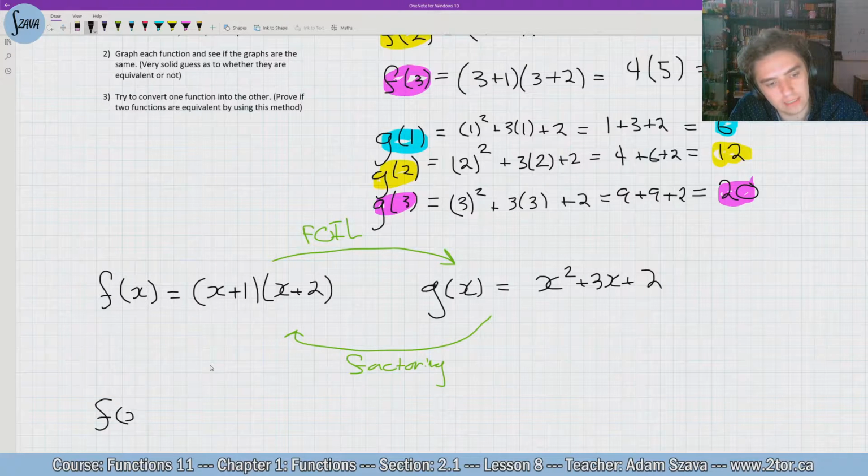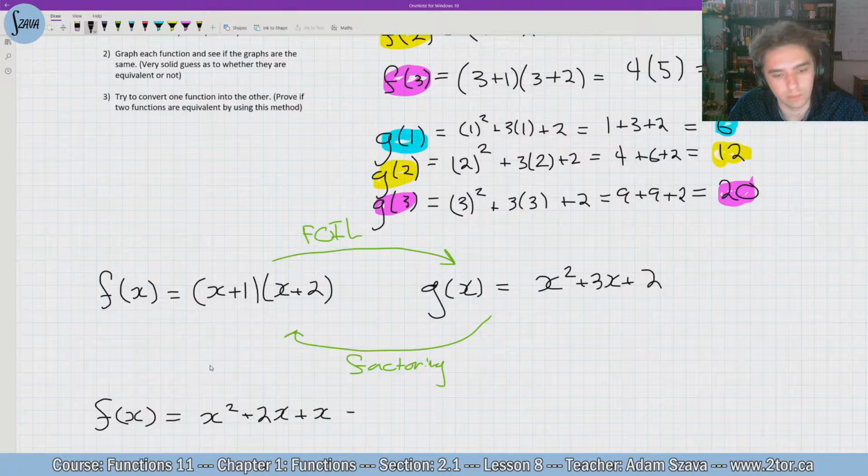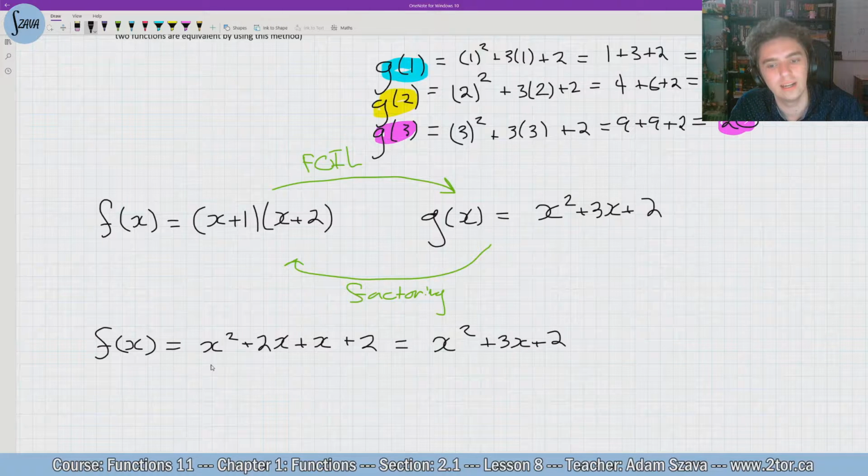So f of x is equal to, well, FOIL. First is x times x, so x squared. Outer is x times 2, so 2x. Inner is 1 times x, so x. And last is 1 times 2, so 2. So f of x equals that, which is x squared plus 3x plus 2.